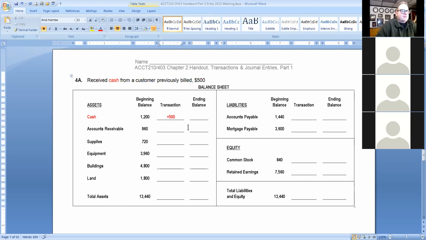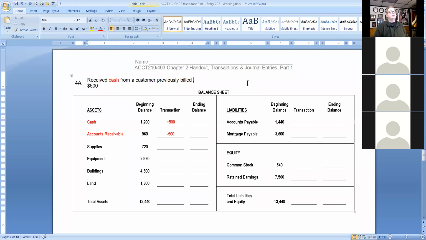Now they just paid us, so they don't owe us $960 anymore. They just paid 500 of it, so we have to take 500 off of accounts receivable. So the previously billed means accounts receivable.